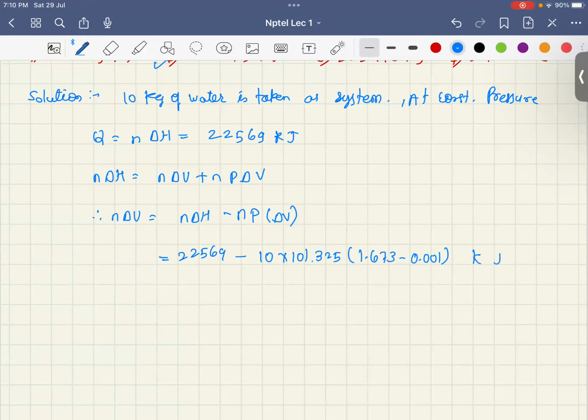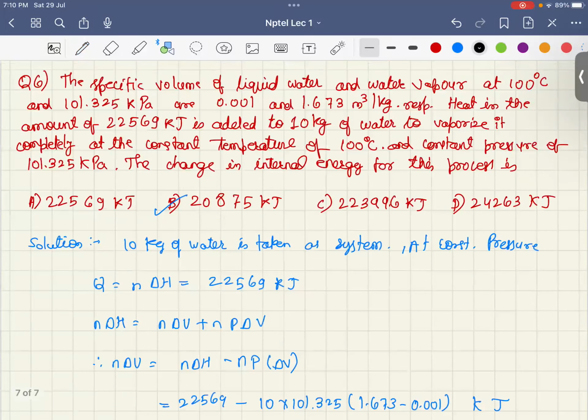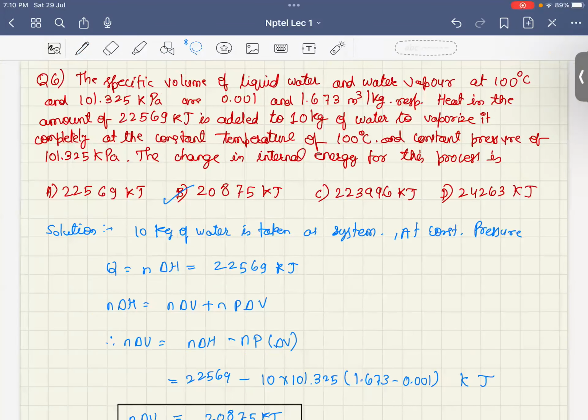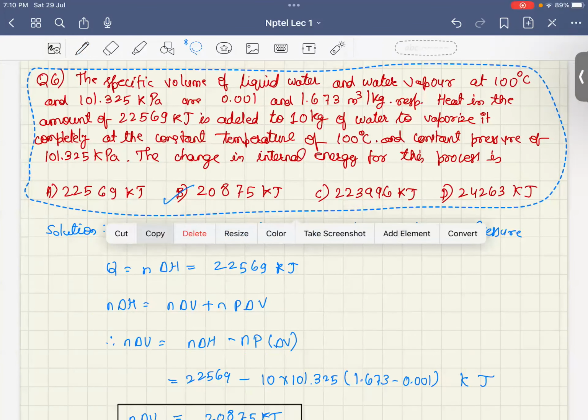This all we are calculating in kilojoule, which comes out to be 20875 kilojoule, and delta U. This is the answer. Now, does anybody have any doubt in this? Everybody is able to understand it. If you're not able to understand, please ask.